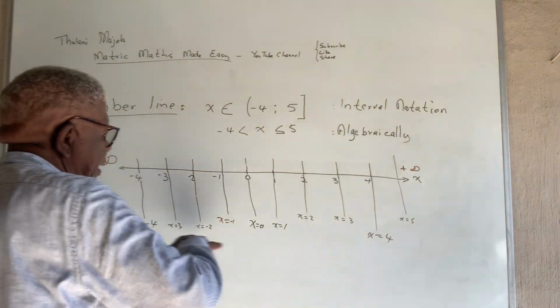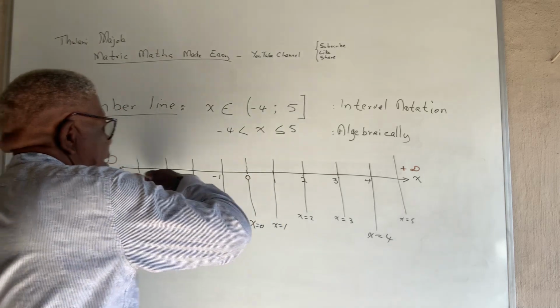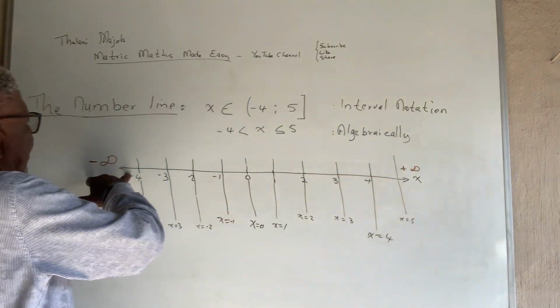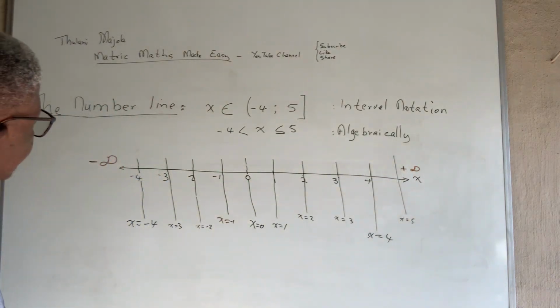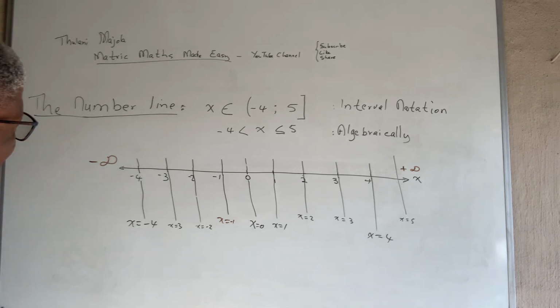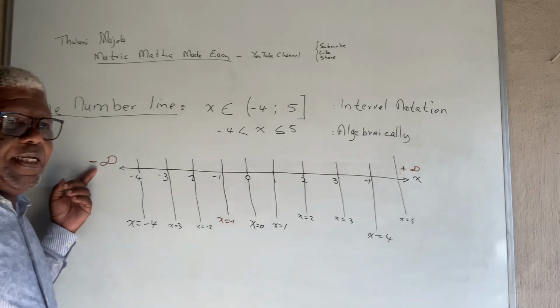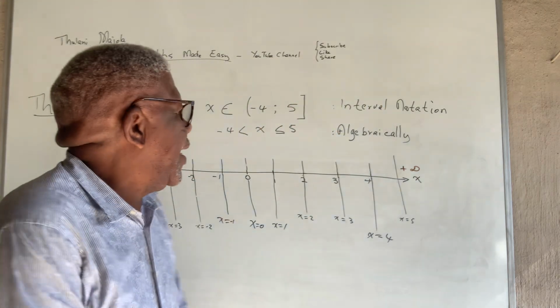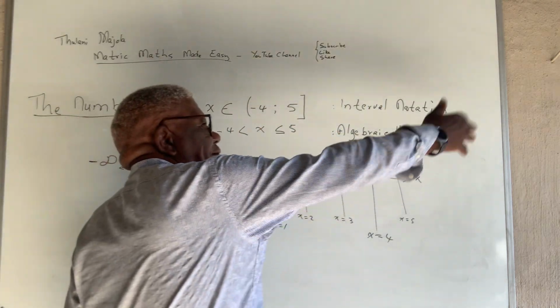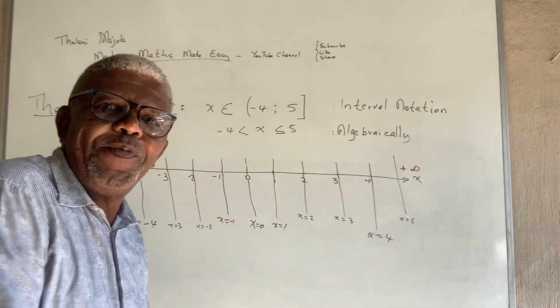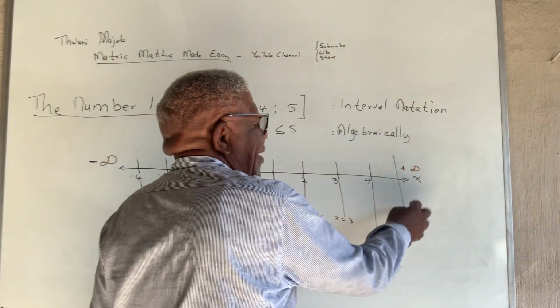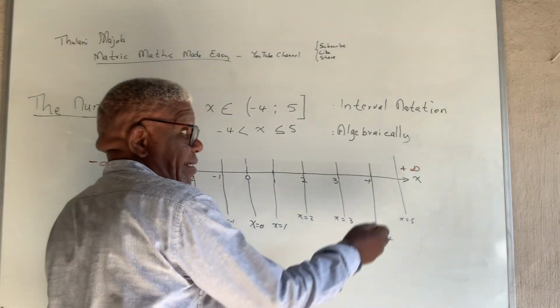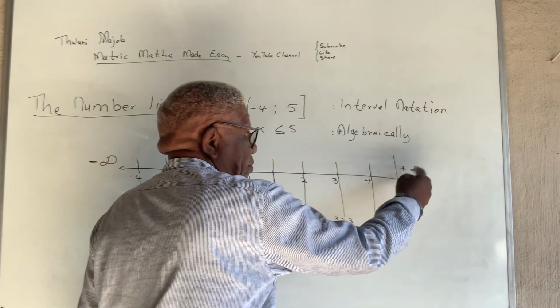I've explained that the number line goes down to a very small number which is undefined. We represent it as a sleeping 8, negative, and to the right from 0 up to a very big number which we won't be able to define, and we also call it infinity, the sleeping 8.